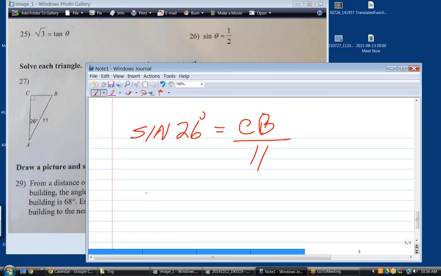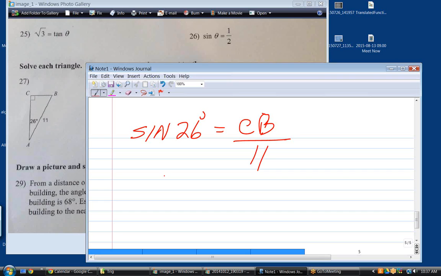And what's the other equation that would allow us to solve for CA? CA, the tangent. Wait, no. We can actually use tangent at this point only because we now know CB. But if we were doing it from the get-go, we don't know CB or CA, so we wouldn't want to use tangent.